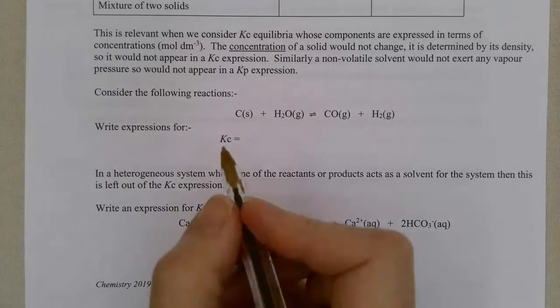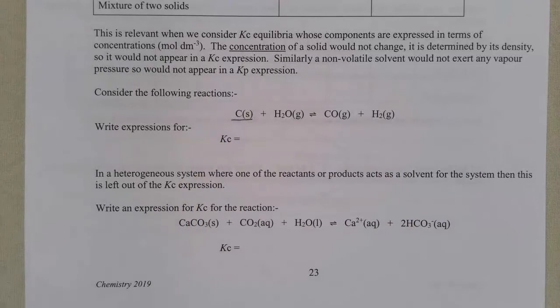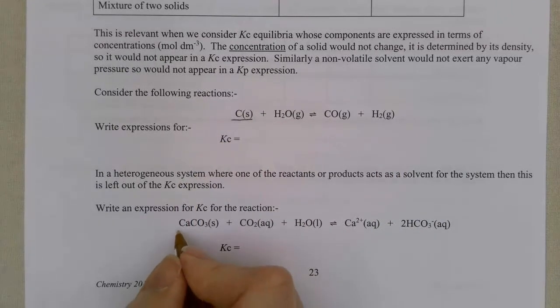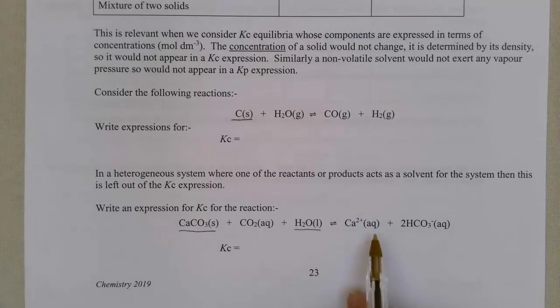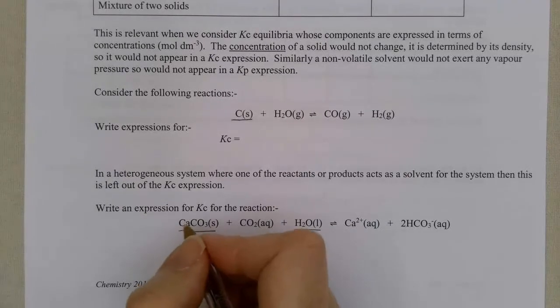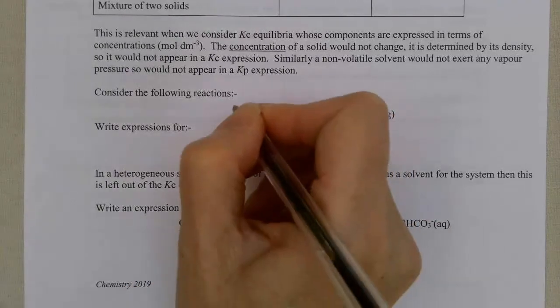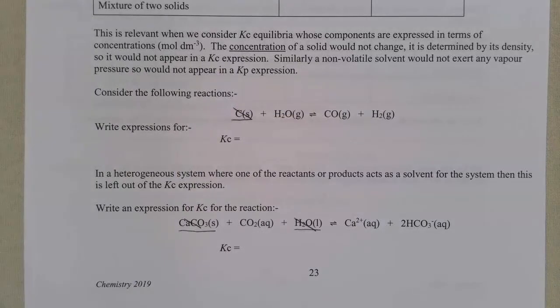So in this first example, it's this carbon you need to be aware of. In the second example, it is both the calcium carbonate and the water because the compounds are aqueous. So neither of those will appear in my Kc expression.